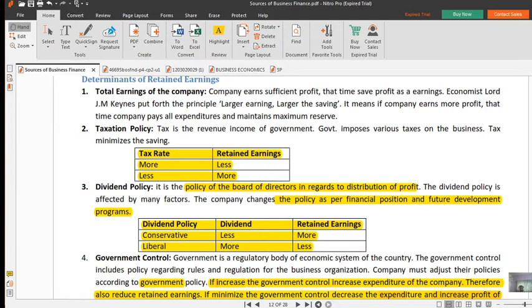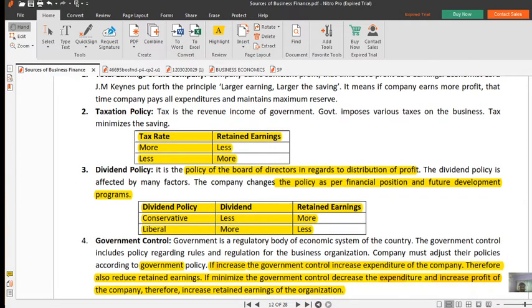Last determinant of retained earning is government control. Government is a regulatory controlling body for the economic system of the nation.